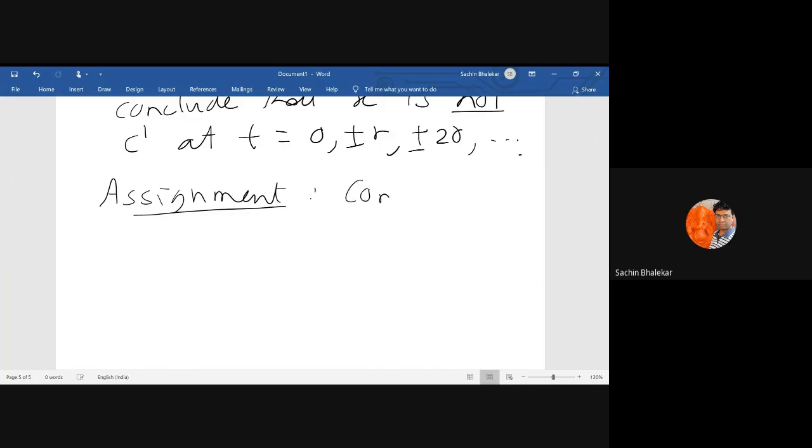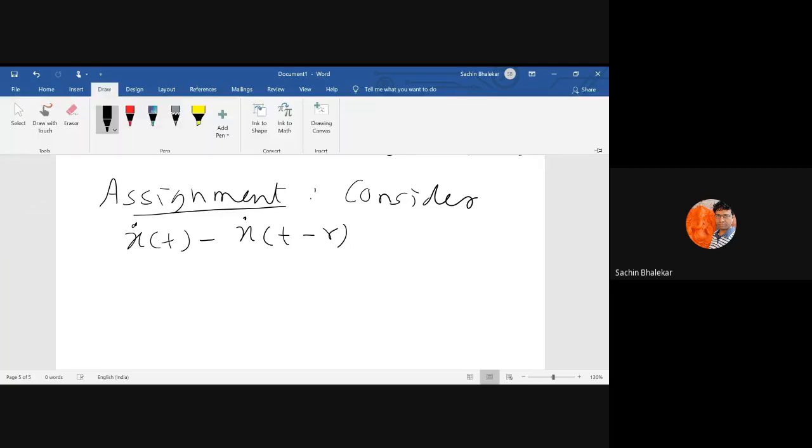Consider the neutral DDE x dot of t minus x dot of t minus r. Instead of r, let us take r equal to 1.